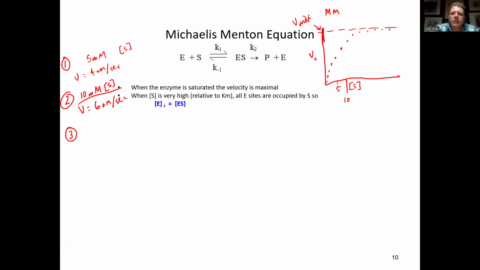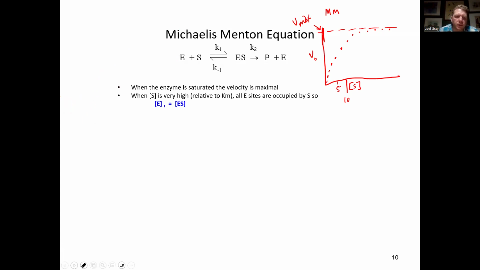Your enzyme catalyzed reaction is not going to go any faster. Now, that's one of your important kinetic parameters. And if you can hear heavy breathing, that's one of my dogs. So we've got Vmax, and that's one important kinetic parameter.